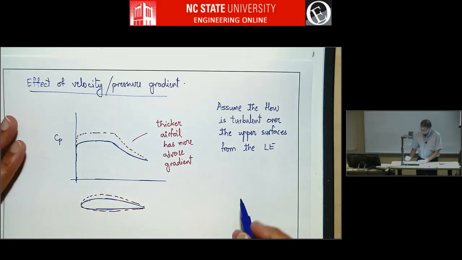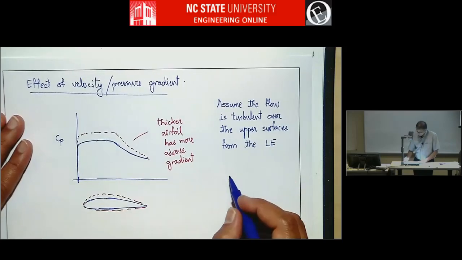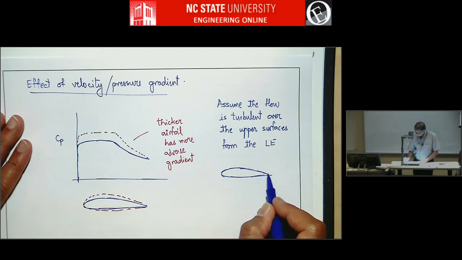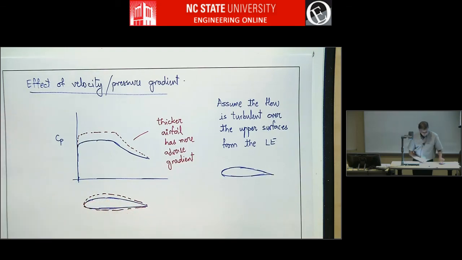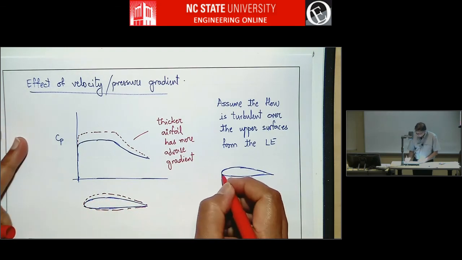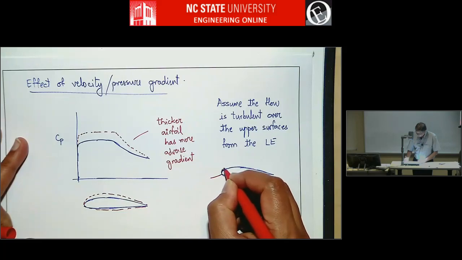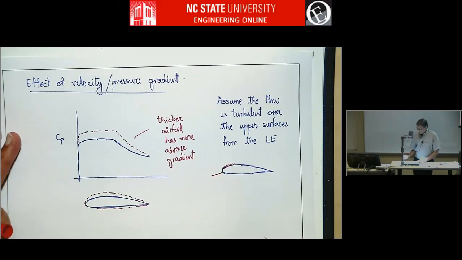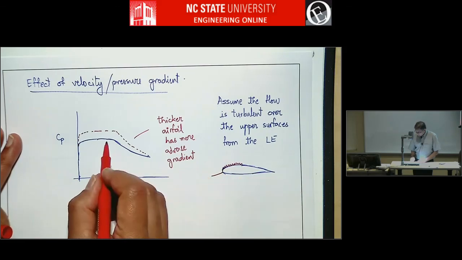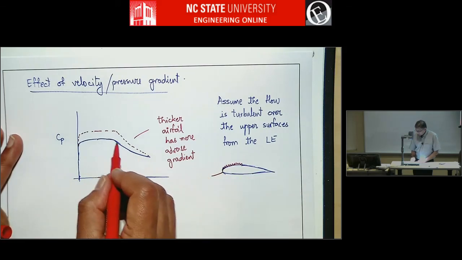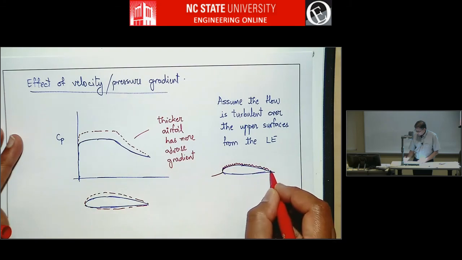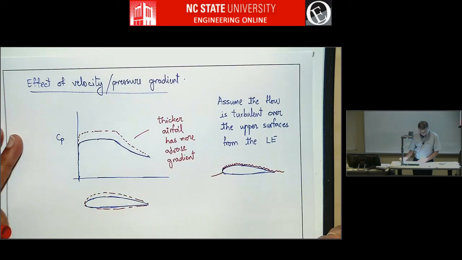So let's take this thin airfoil and look at the boundary layer picture. Because the airfoil is thin and we are assuming that turbulent boundary layer starts from here, and you could do that with roughness, for example, but because the adverse pressure gradient is not as much, this particular airfoil will have attached flow throughout.